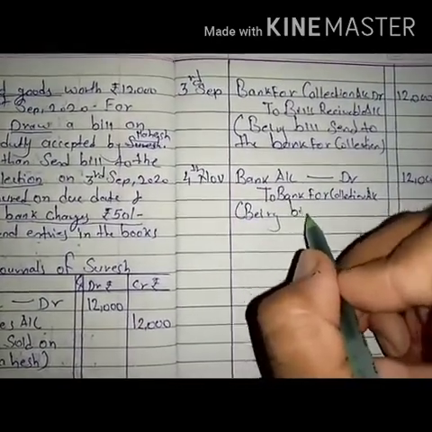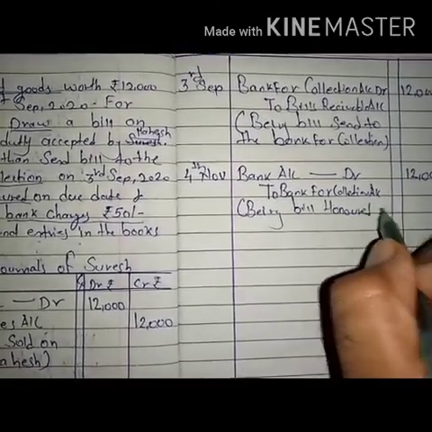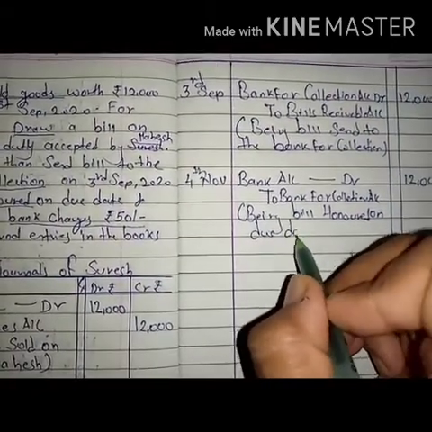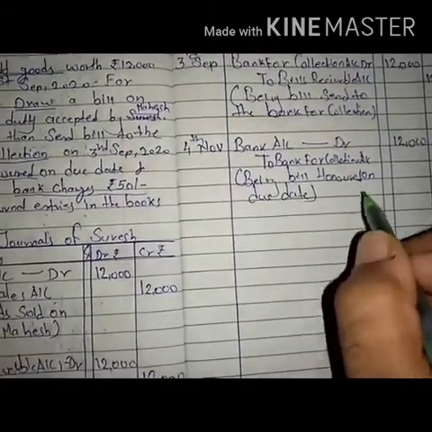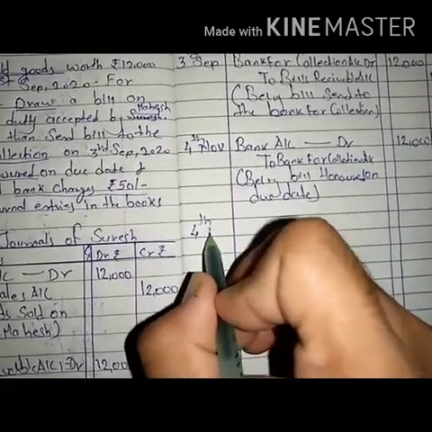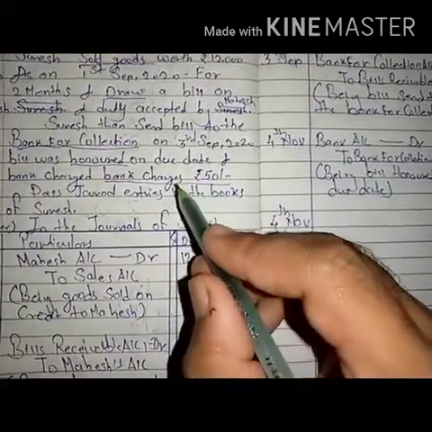Being bill honored on due date. Now the last entry on the same date, that is 4th November: the bank has charged bank charges.